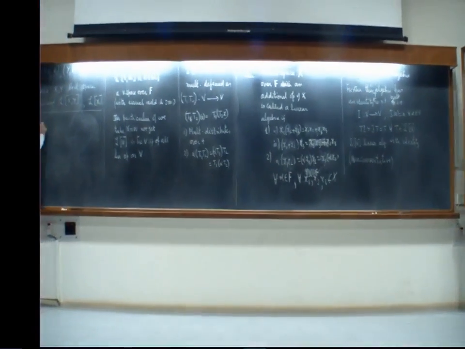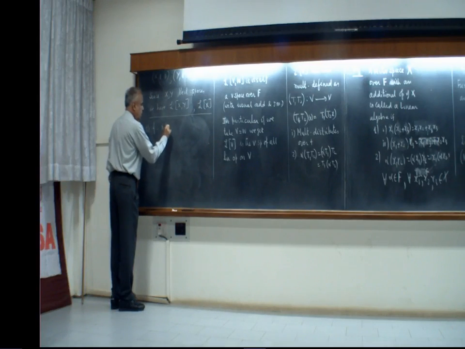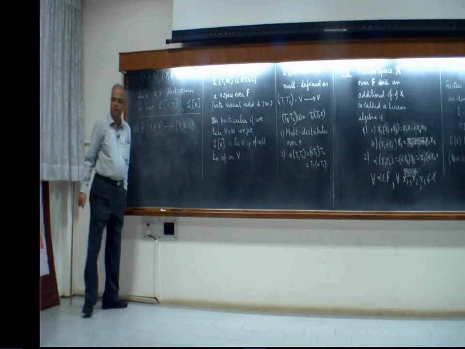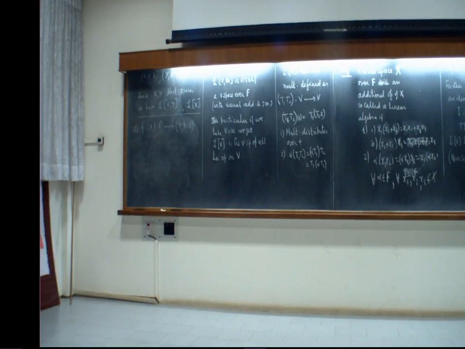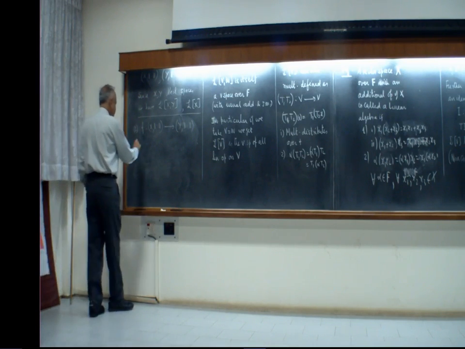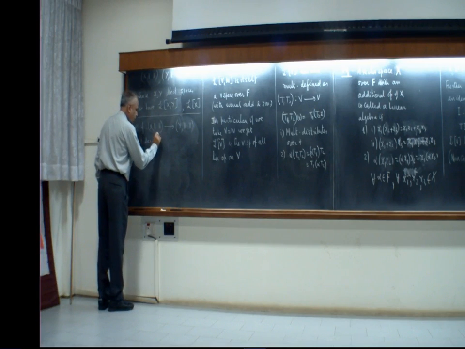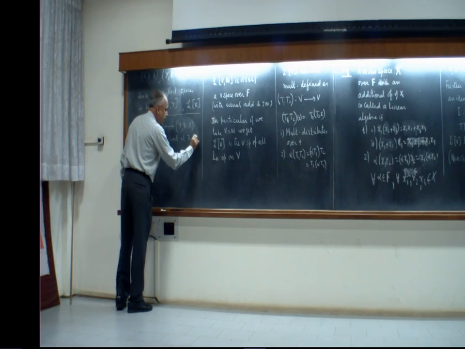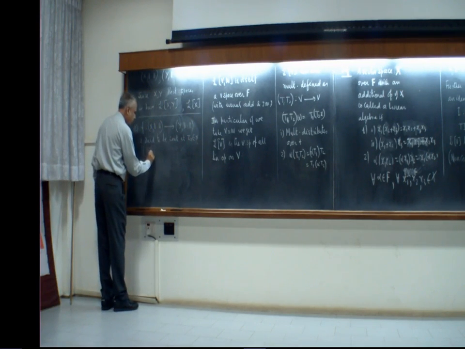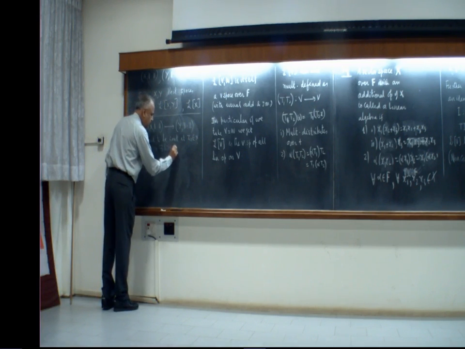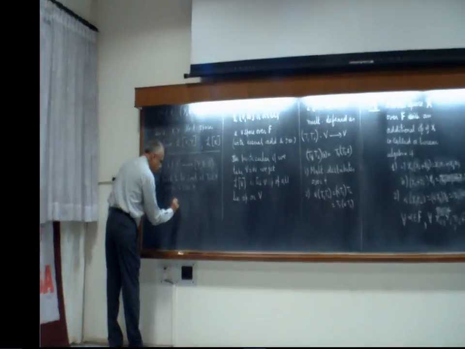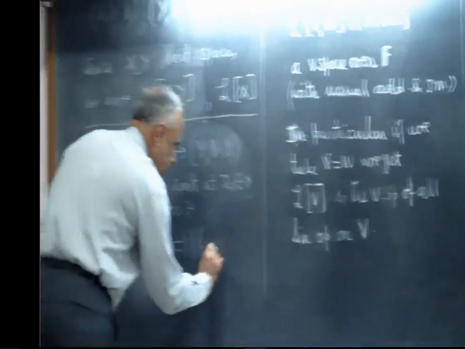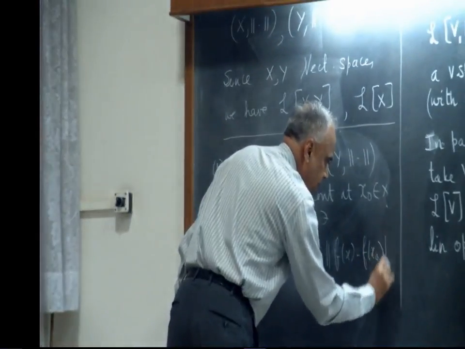One, a function f from the normed linear space X to the normed linear space Y is said to be continuous at a point x naught in X if for every epsilon greater than 0 there exists a delta greater than 0 so that norm of x minus x naught less than delta implies norm of f(x) minus f(x naught) is less than epsilon.